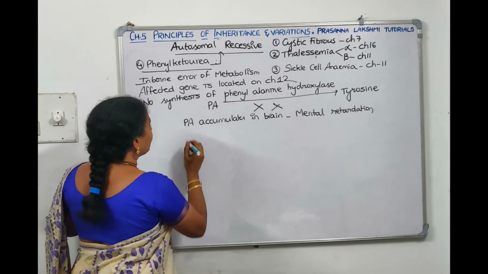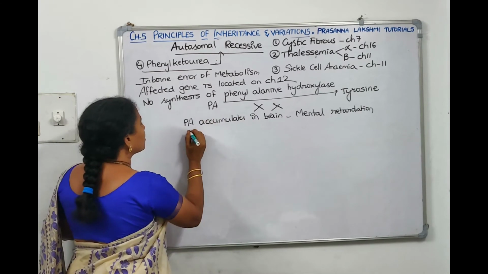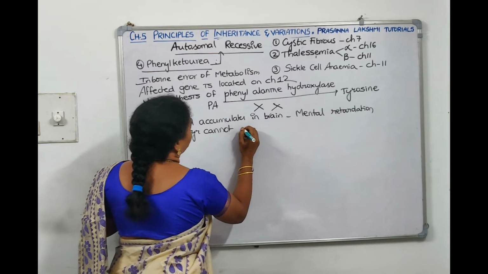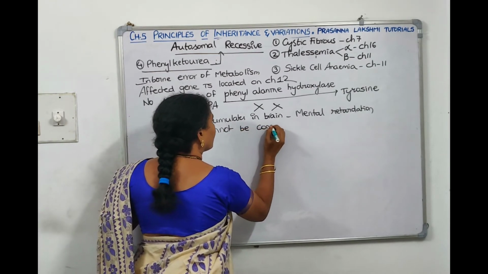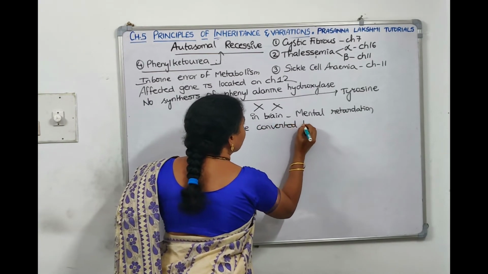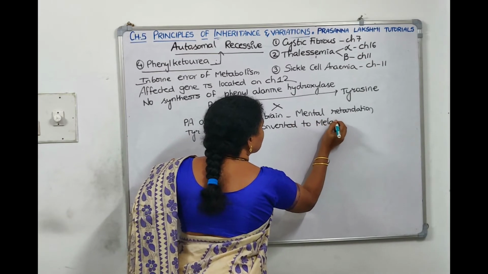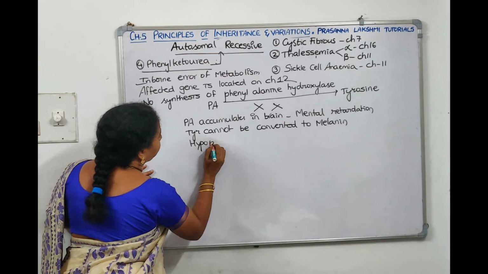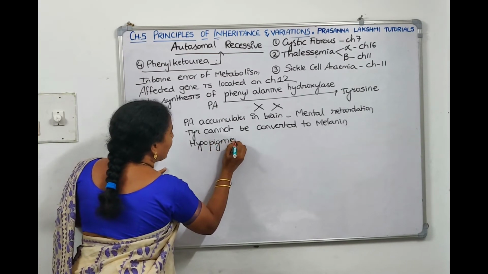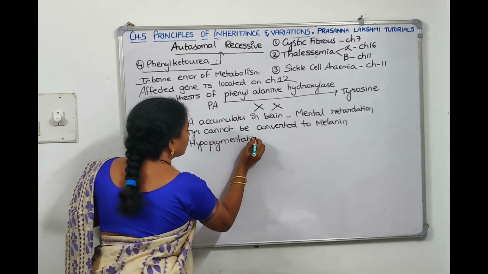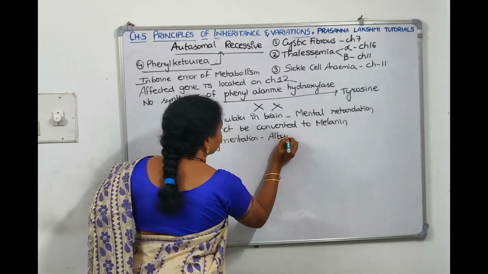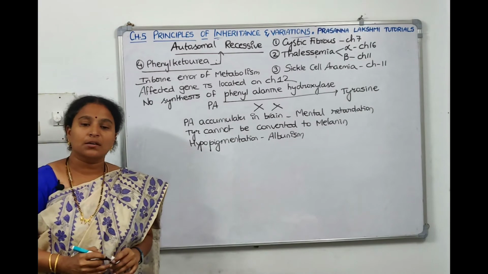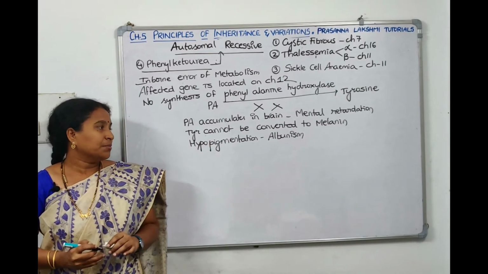And since phenylalanine is not converted to tyrosine, tyrosine cannot be converted to melanin, which means no melanin formation. That leads to hypopigmentation, which is called albinism. Hair is not colored, body is not colored, eyeball is not colored. This is called albinism.